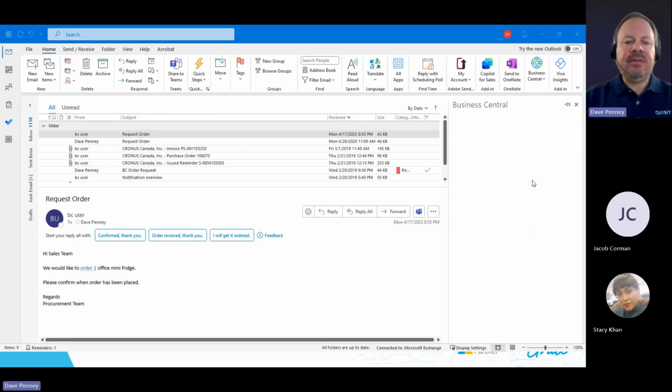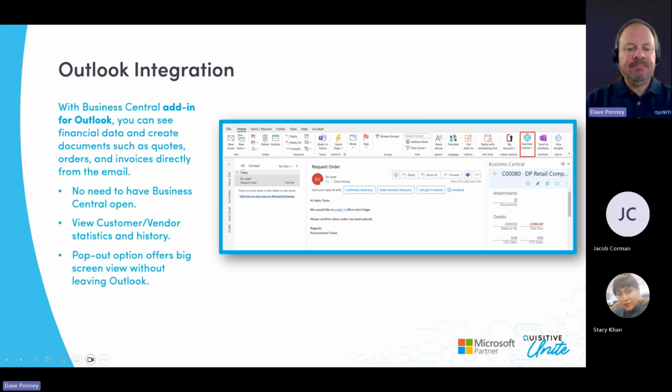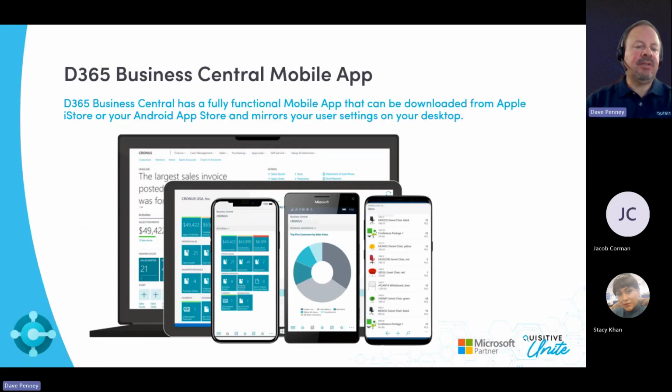All right, so continuing on with our tips and tricks, the last one that we have for today is the Business Central mobile app. If you have an iPhone, you can go to the Apple App Store. If you've got an Android, go to the Android App Store, and you will find an app for Business Central.